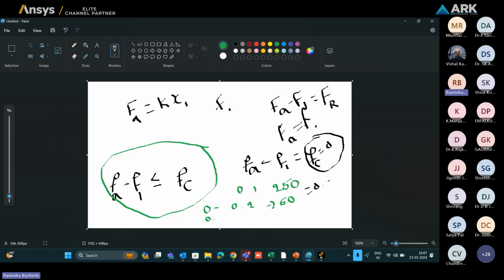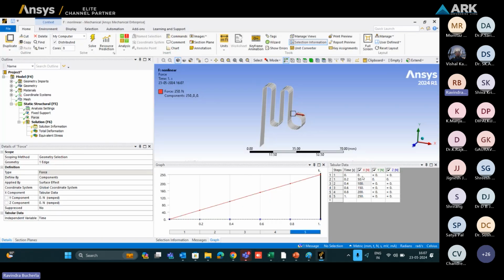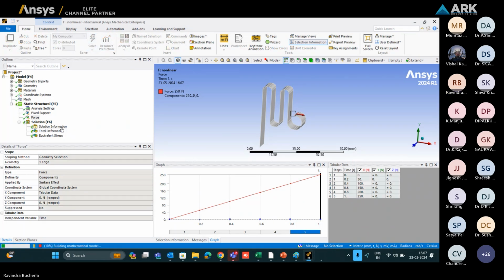From 0.2 seconds to 0.4 seconds, I applied 100 newtons. Like that, I gradually increased from 0 to 250 newtons, from 0 to 1 second, in a step manner. So let's solve once again. The same force, same time, everything is the same. Only the thing is I took more time steps.